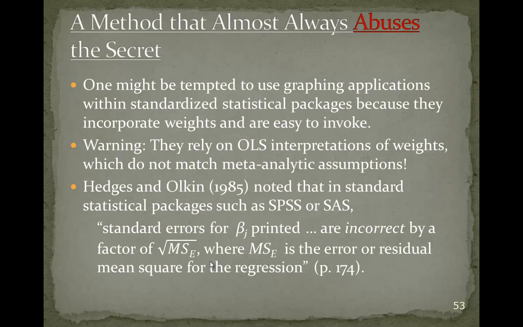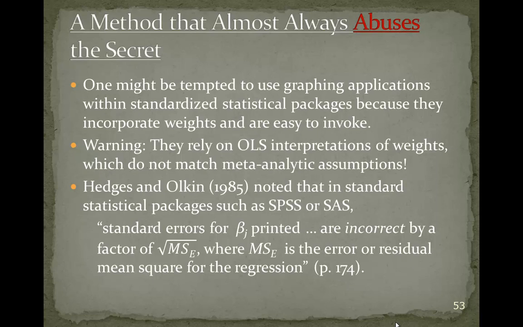And blah, blah, blah, you can read it for yourself. And these are the unstandardized beta weights, by the way, which is where the statistical tests are taking place. And so they need to be corrected. And this is why you shouldn't just do weighted regressions putting in the sample size, or even doing weighted regressions putting in the inverse variance, because you're not going to get quite correct tests of your terms.